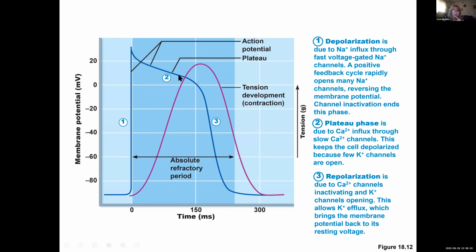But at the same time, at some point, calcium starts moving in, right? Calcium is positively charged, so the cell stays positive inside for a prolonged amount of time. Calcium influx through slow calcium channels keeps the cells depolarized, because few potassium channels are open.